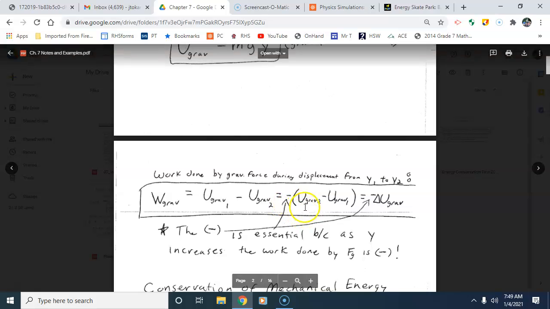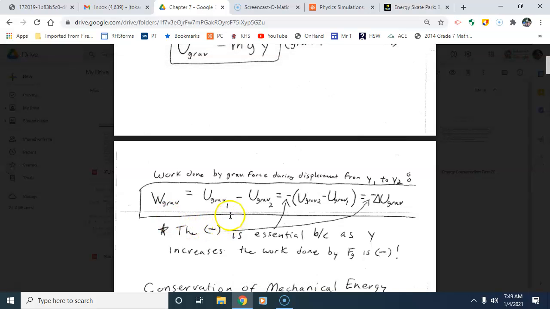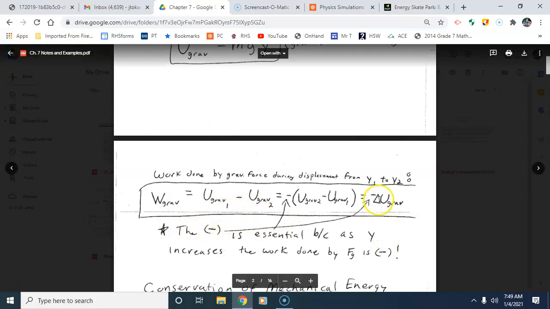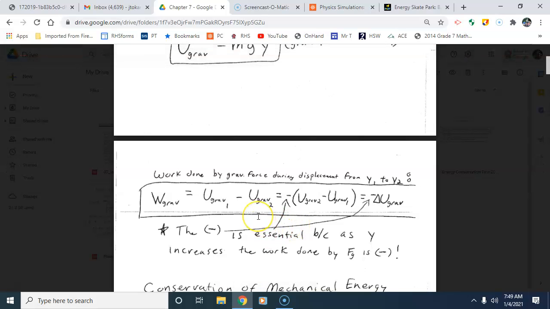And therefore, the work due to gravity would be not the normal change in. Remember, change in, the delta symbol, always means a later thing minus an earlier thing. So if this was a normal change in, it would be UG2 minus UG1.